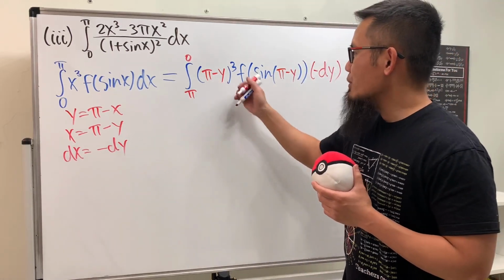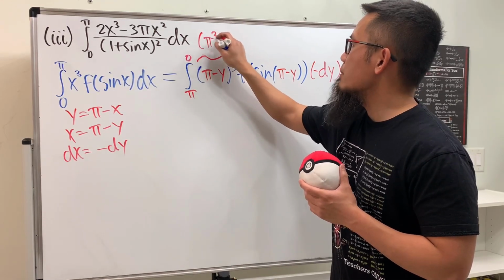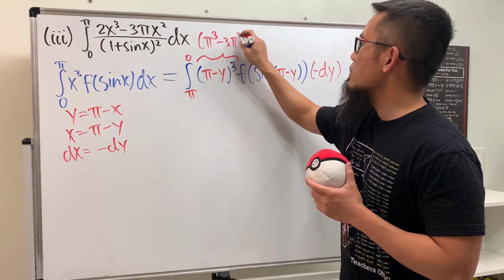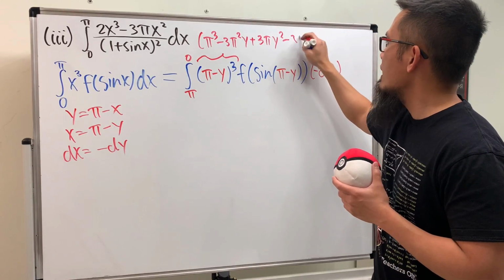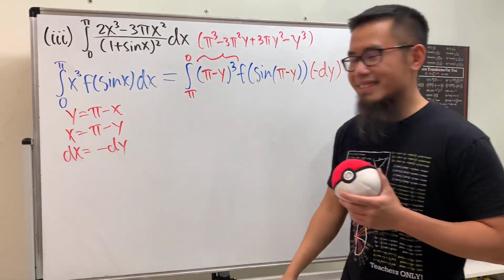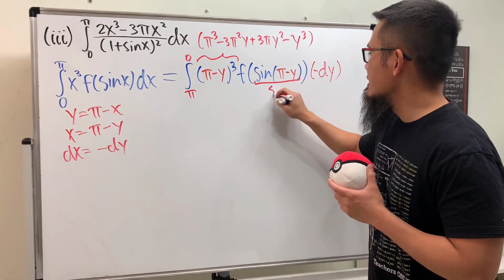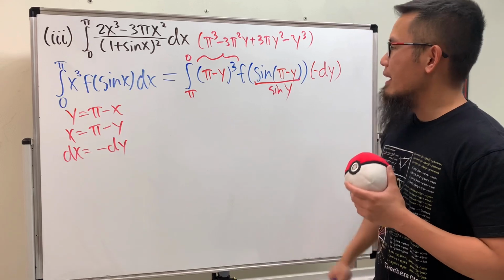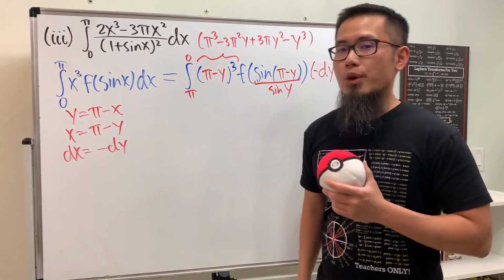Well, I'm going to expand this right here for you guys real quick, where we will get pi to the third power minus 3 pi squared y plus 3 pi y squared minus y to the third power. Alright? And just like earlier, this guy is the same as sine of y. And thanks to this negative here, we can switch the limits of integration.